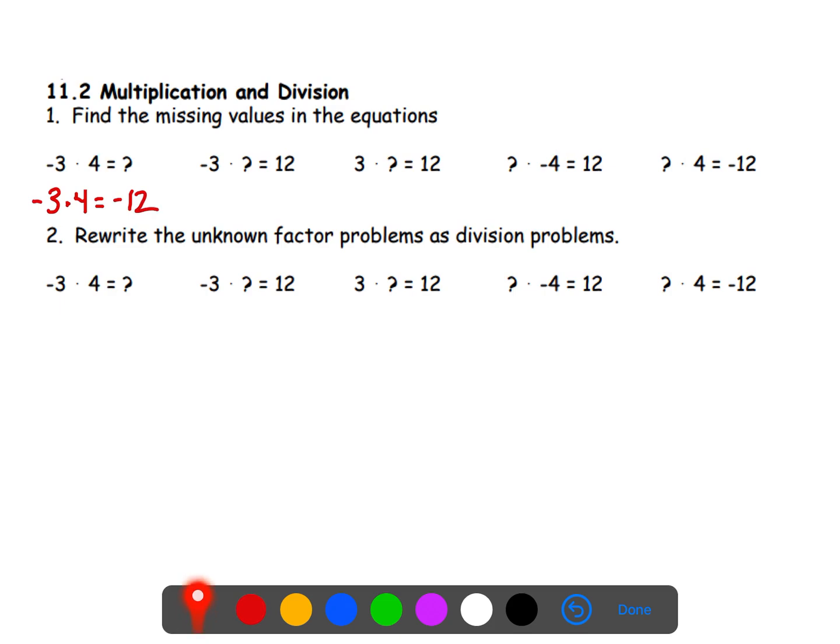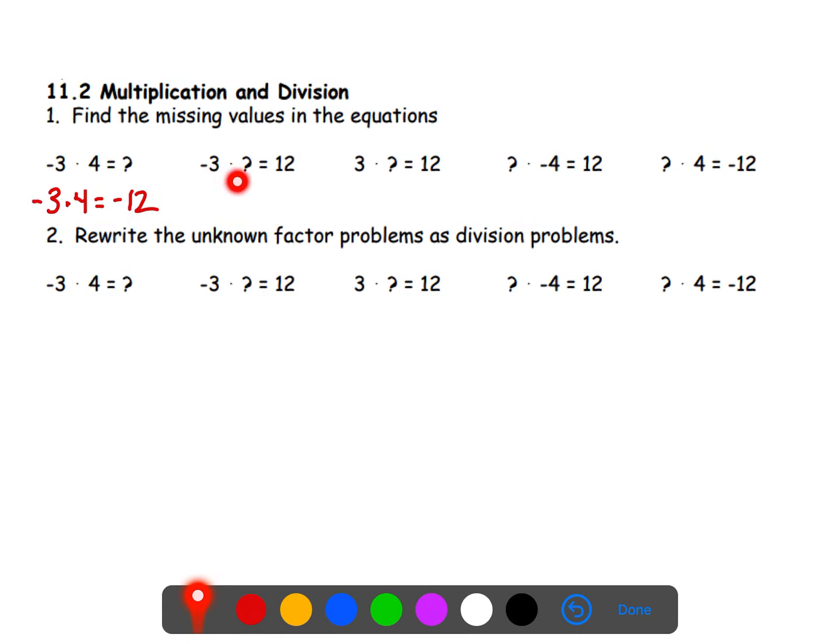Now, if we look at the next one, we've still got the same negative 3 factor. We're going to be multiplying by either positive or negative 4, and we have to get a positive 12. If we put 4 here and only one of our factors is negative, we get a negative product.